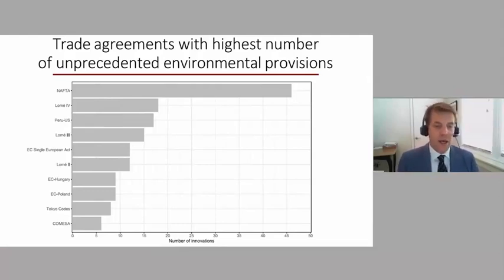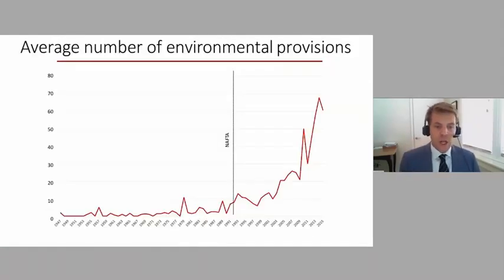So NAFTA was not only groundbreaking when you compare it with earlier trade agreements, but it also set something in motion for the entire trade system. The red line that you see here is the average number of environmental provisions included in all the trade agreements for a given year. And as you can see, until NAFTA was concluded, the average was pretty low.